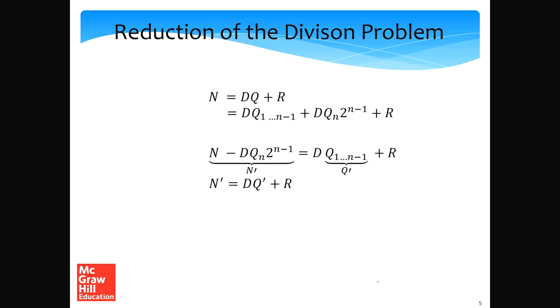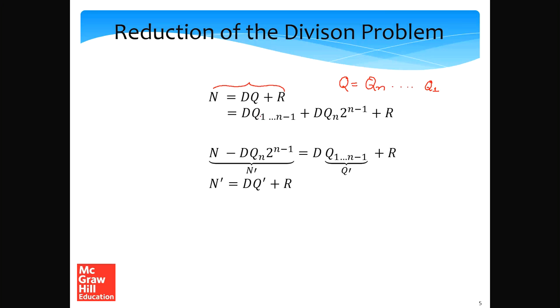Alright, so let's do a little bit of math. Let's start with our division equation, which is n equals dq plus r, and let's assume that the quotient q, which is of course represented in binary, has the bits qn to q1.